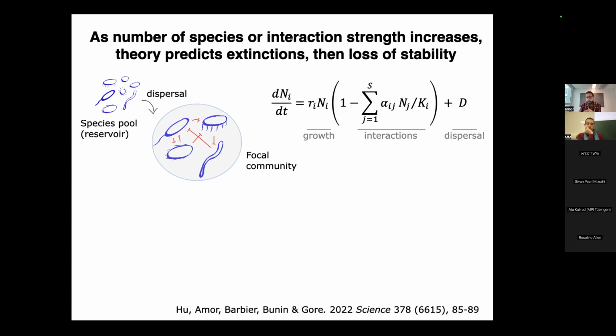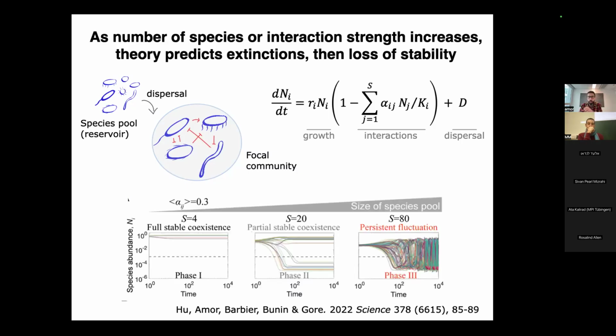And again, we have a dispersal term, like in our experiments. This dispersal models the fact that in natural ecosystems, you often have immigration from a species pool or from a reservoir, neighboring ecosystems, if you want. We are focusing on this focal community.